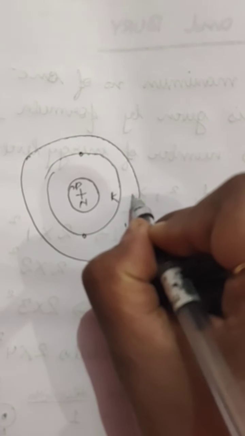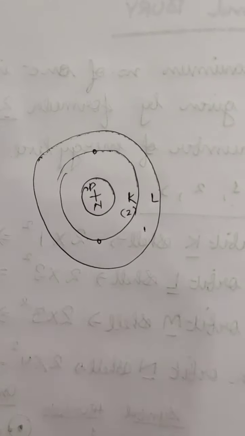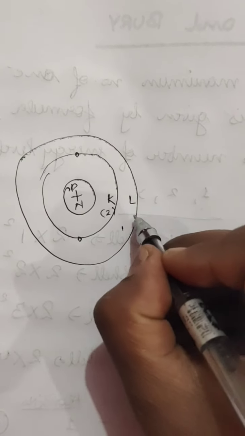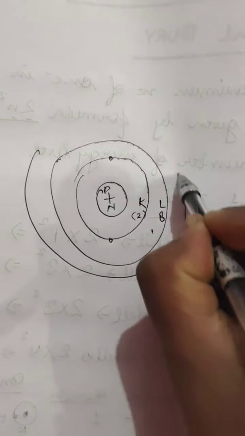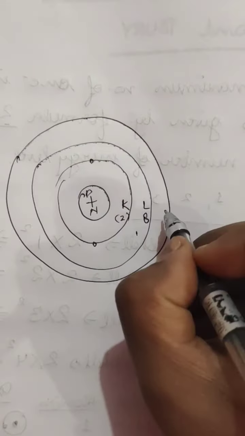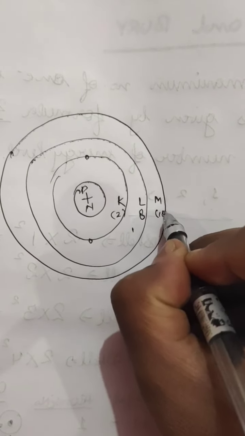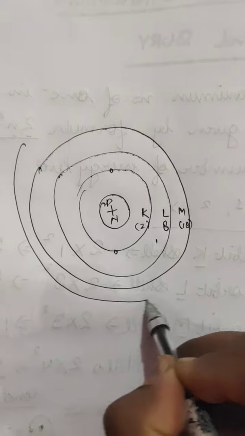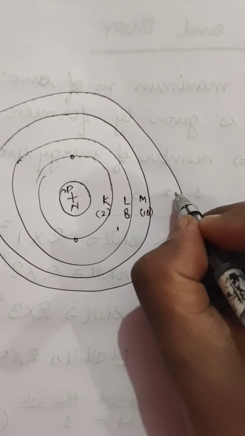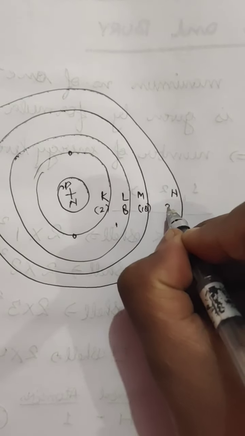Then the next shell is the L shell, with a maximum of 8, and then the M shell, with a maximum of 18 electrons. And then the N shell, 32.